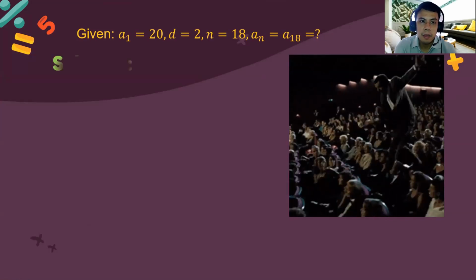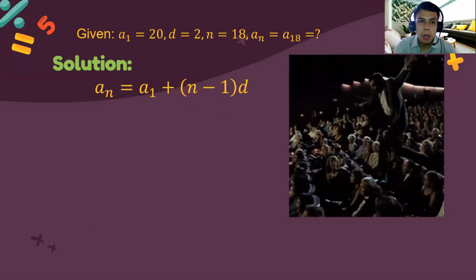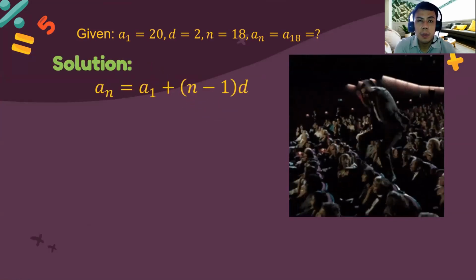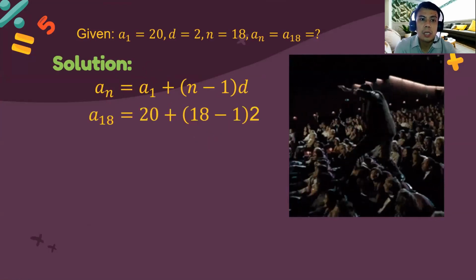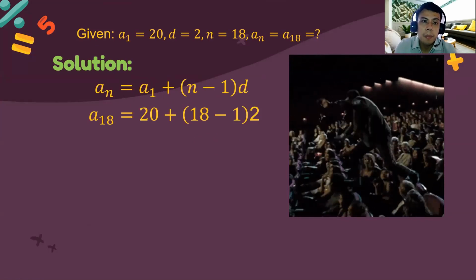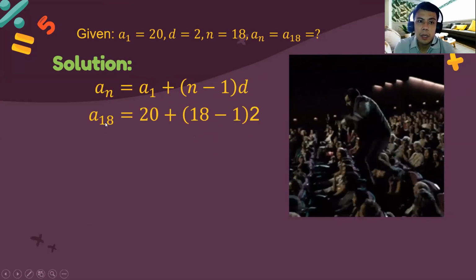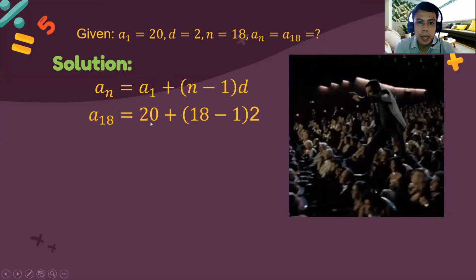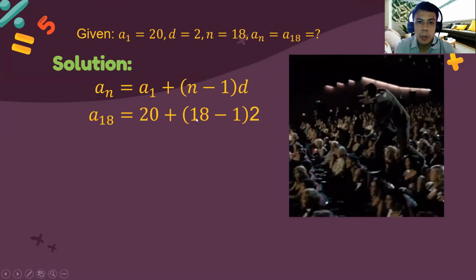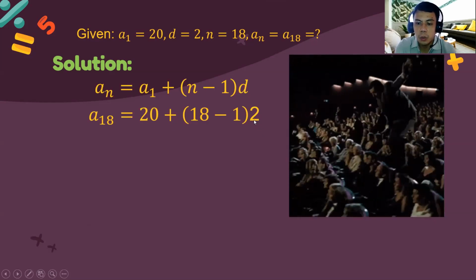So let's have the solution. We are going to use the formula of an arithmetic sequence, and then substitute the given. A sub 18 equals a sub 1, which is 20, plus n, which is 18, minus 1, times the common difference, which is 2.